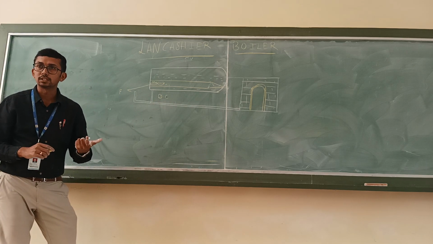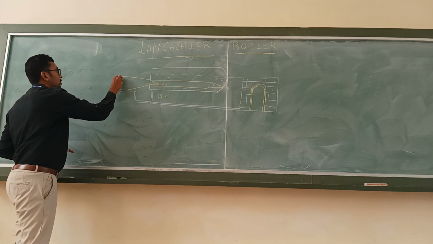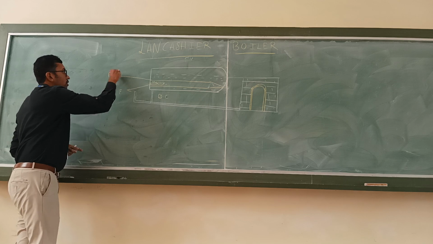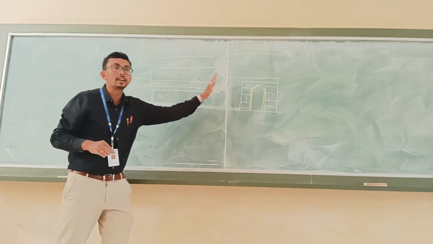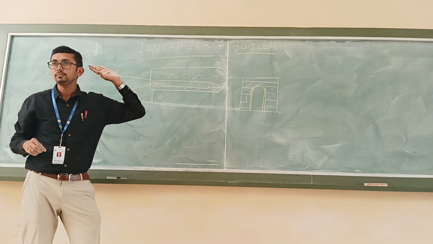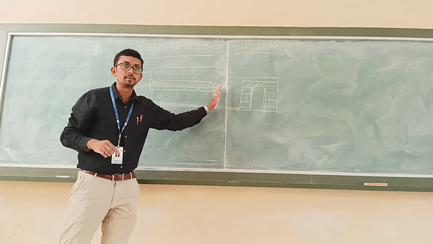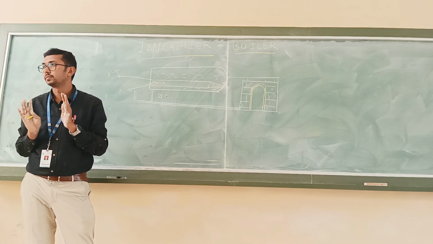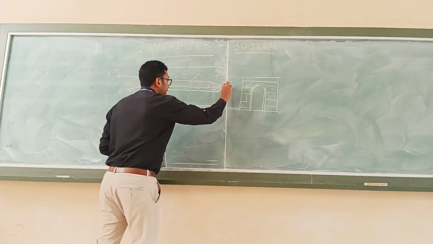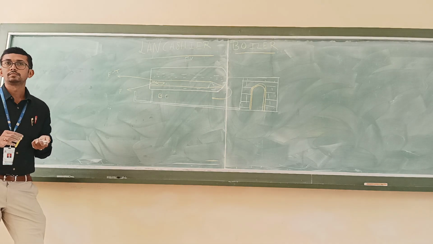So the hot gases which are generated inside this flue tube, this is a flue tube, are going to move from the front end of the boiler to the rear end of the boiler drum. While moving from front end to the rear end, they are going to heat the water surrounding it. And where do these hot gases enter? They enter the bottom channel.